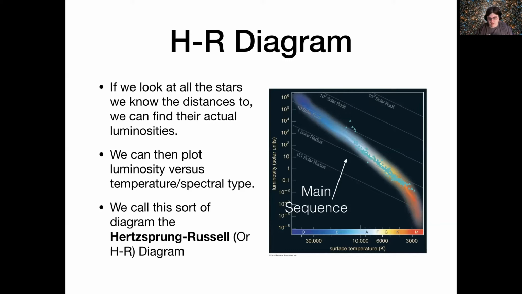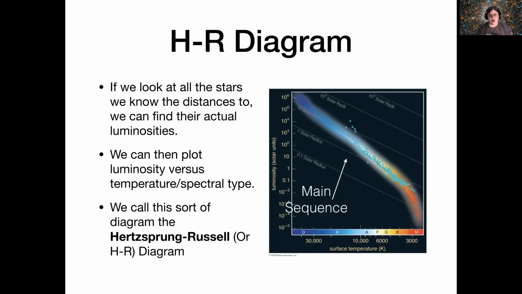So at the bottom, we're plotting temperature, and we're plotting it kind of backwards because we measure this by color, and we wanted blue to be on the left and red to be on the right. And along the side, we have the luminosity. And most of those class 5 stars, we're only going to plot those, fall on that kind of colored band in the picture. We named it the main sequence.